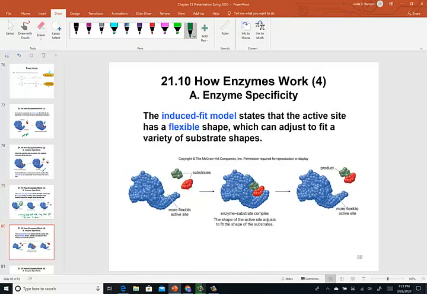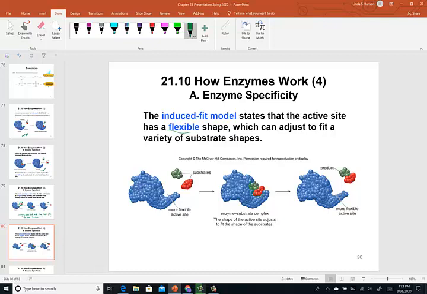Now, a second theory is called the induced fit model, which says it's a little more flexible in shape, that the substrate can go in and the enzyme can mold to its shape. And so really the scientists are competing back and forth. I know that the lock and key theory is more acceptable, more widely used in describing how enzymes work, that it's a very specific way that enzymes fit their substrates.